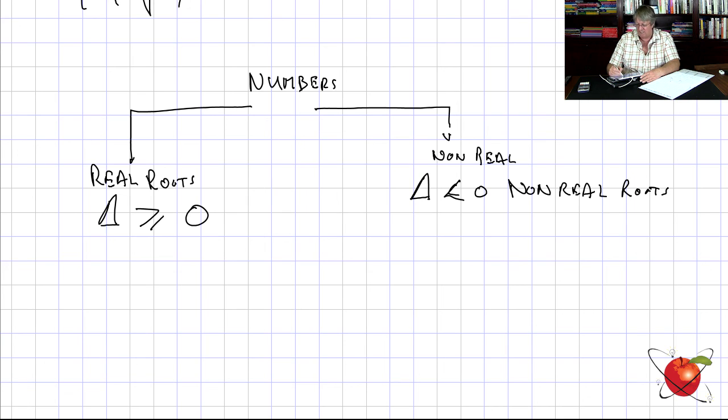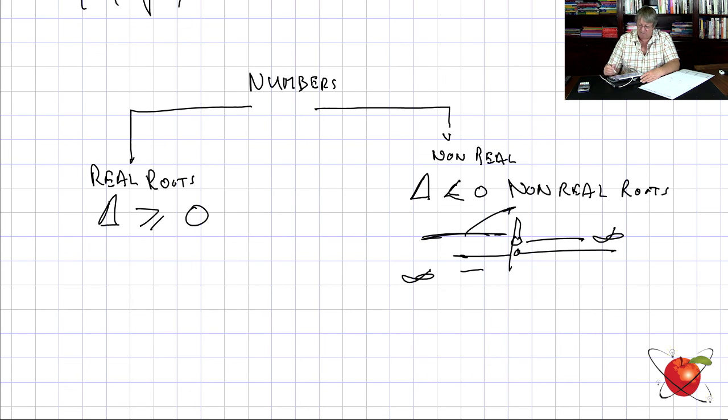Because after all, delta is either going to be from 0 up towards infinity, or it's going to be minus, down to minus. If it's negative, it's here, and if it's a positive number, it must be there.